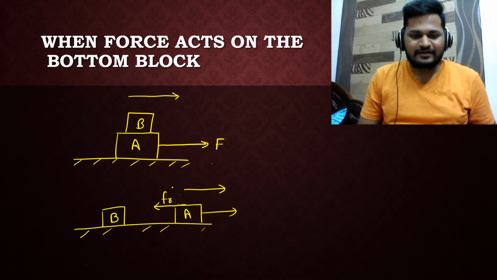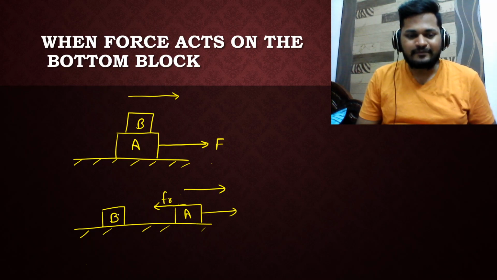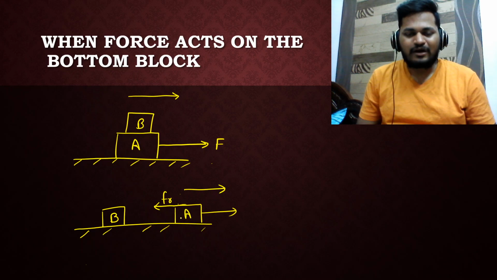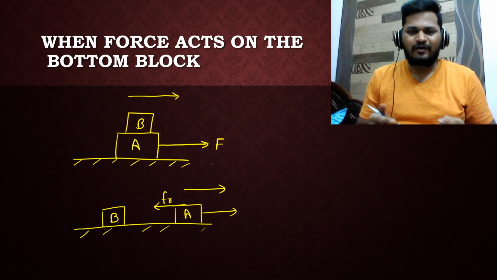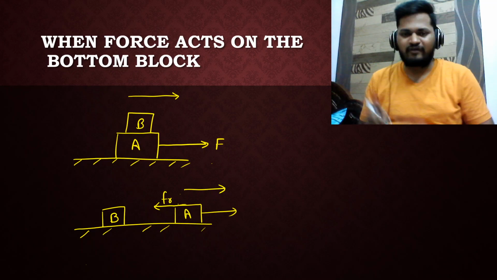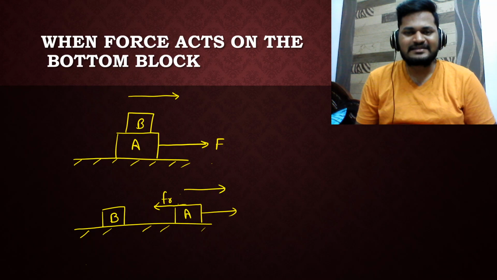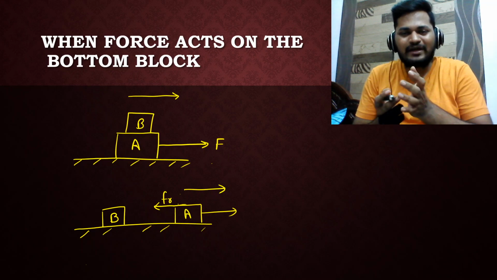Now let us talk about friction acting on B. As seen by A, what will be the relative motion of B? Suppose you are on a bus moving forward and there is a stationary tree. How do you see the tree? You see the tree moving backwards.